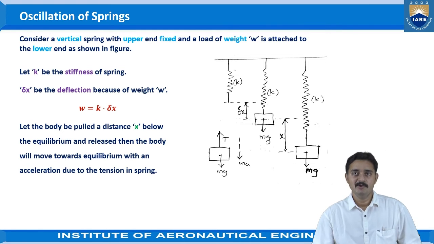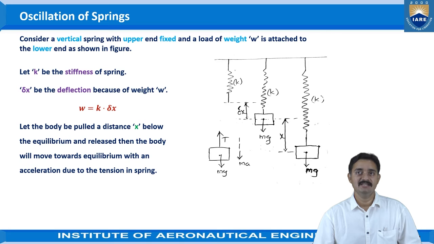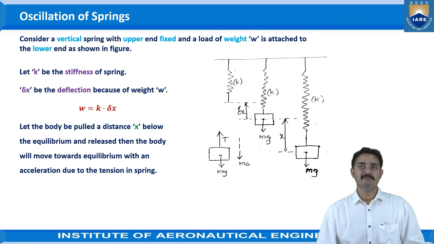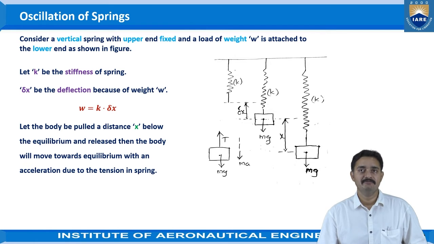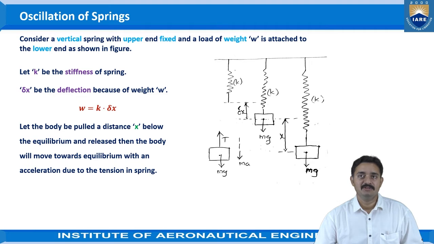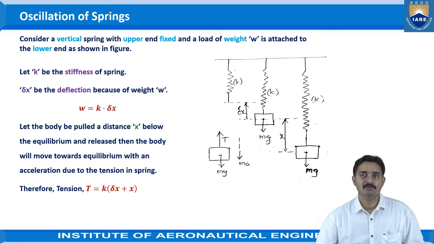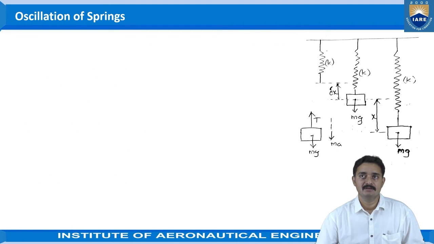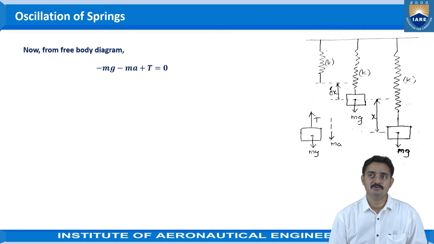Let the body be pulled a distance X below the equilibrium and released. Then the body will move towards equilibrium with an acceleration due to the tension in the spring. Therefore, tension T is equal to K into (delta X plus X). Now from the free body diagram, we can see minus mg minus ma plus T is equal to 0.